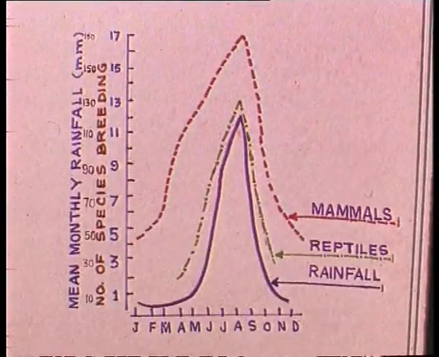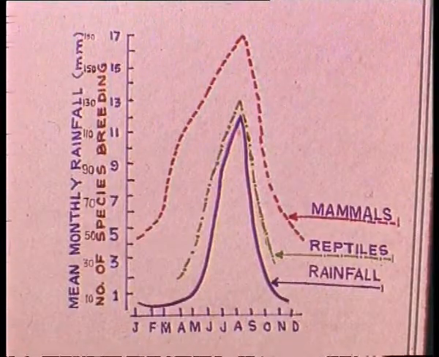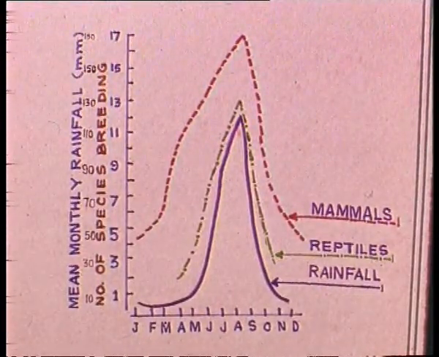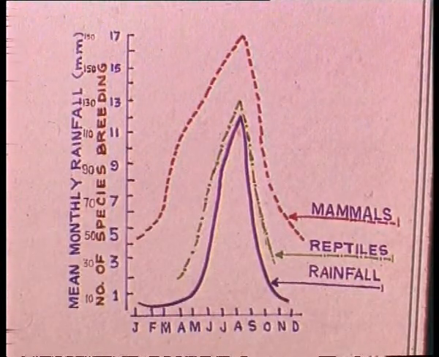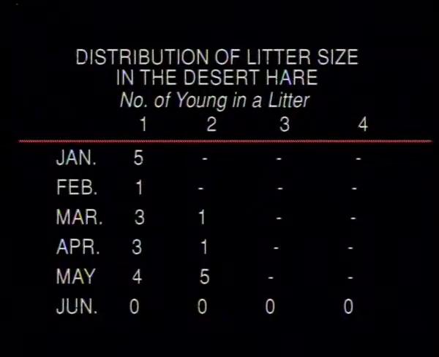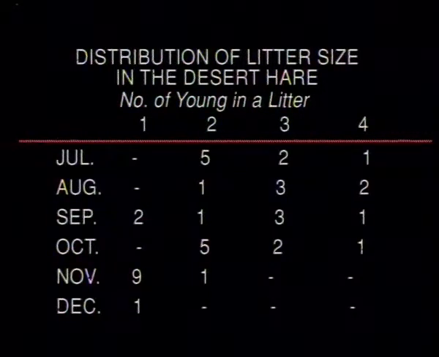Because of the availability of vegetation, the survival of the young is very superior to the ones delivered during winter. The desert hare breeds all the year round, but litters of 3 and 4 are delivered only during the monsoon period.